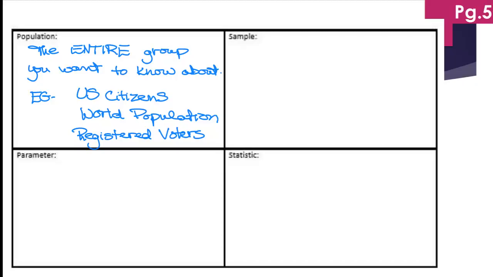And oftentimes you do not get to survey the entire big group. And that's when you go to a sample.